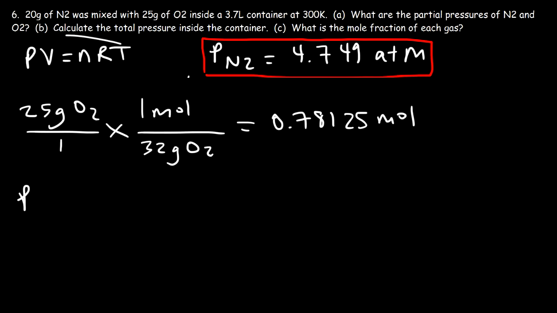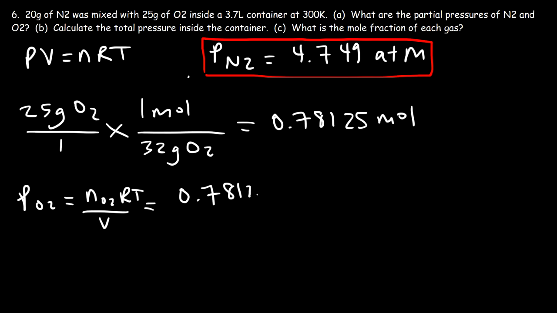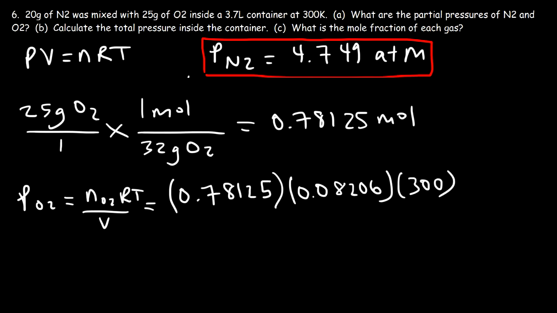So now let's use this equation to calculate the partial pressure of O2. So keep in mind it's the moles of O2 times RT divided by V. So that's going to be 0.78125 multiplied by the R value of 0.08206 times the Kelvin temperature of 300 divided by the volume of the container, which is 3.7 liters.